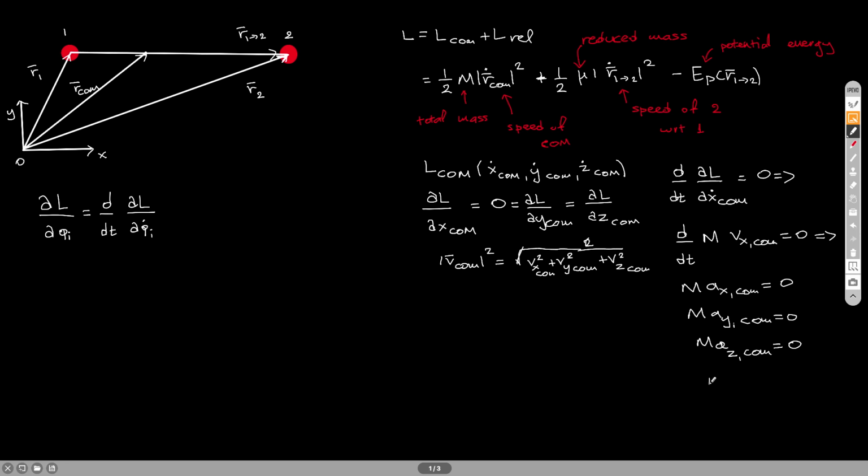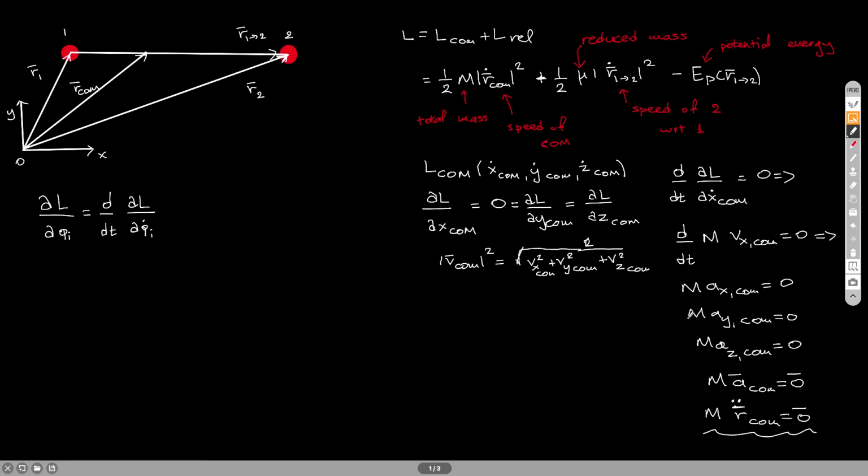And if I want, I can write it as a vector. M A of the COM should be 0, since the acceleration is the second derivative of the position vector. This is telling me that the center of mass of this system is moving with 0 acceleration, or in other words, with constant velocity.